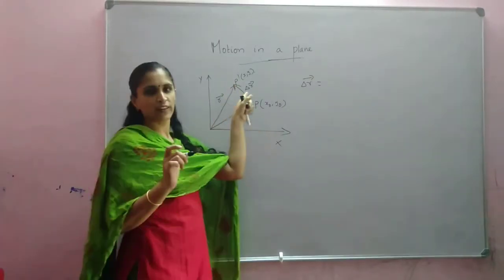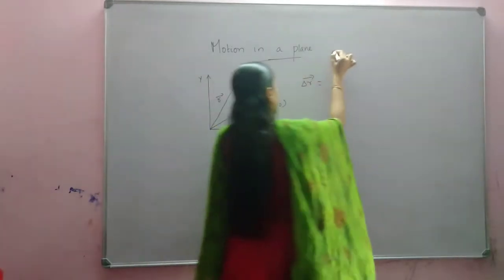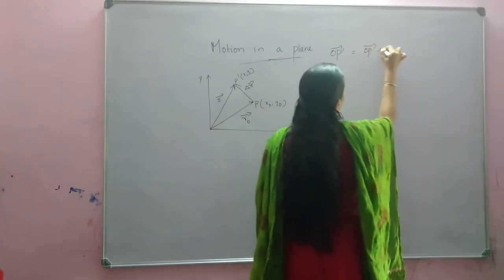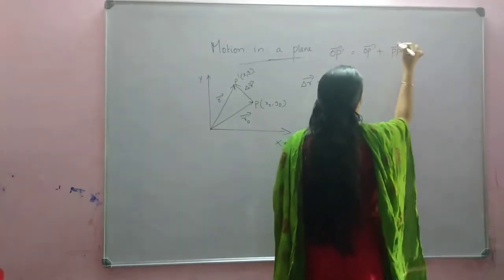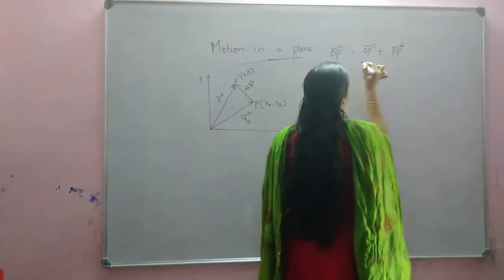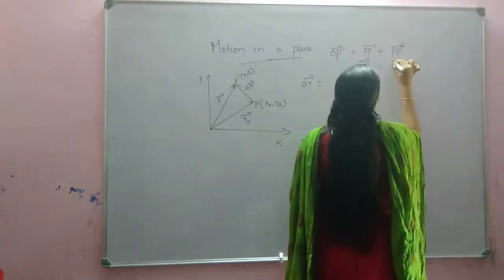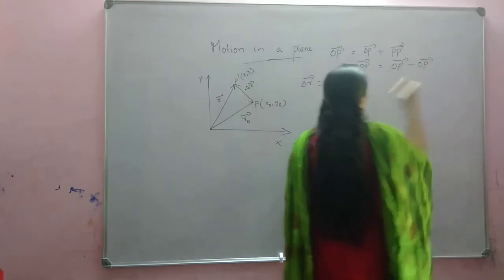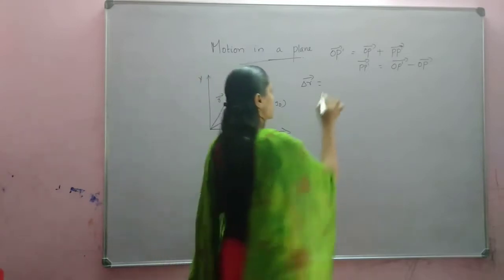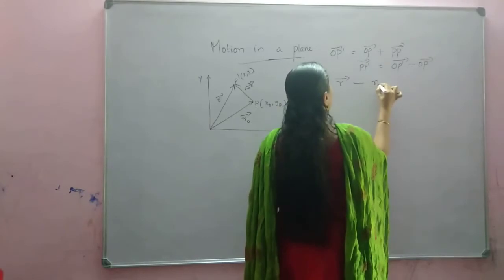By using the triangle of vector addition, OP dash is equal to vector OP plus vector PP dash, or if we want vector PP dash, OP dash minus OP. And what is OP dash? OP dash is the final position. So we can write vector R minus vector R0.